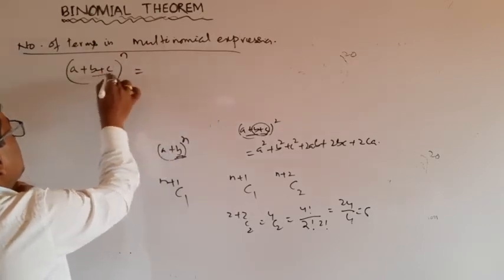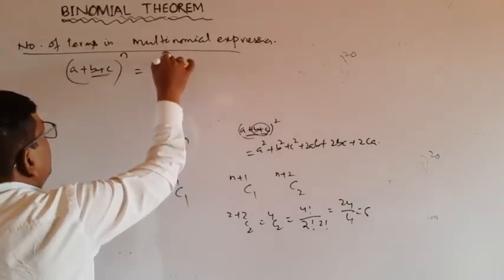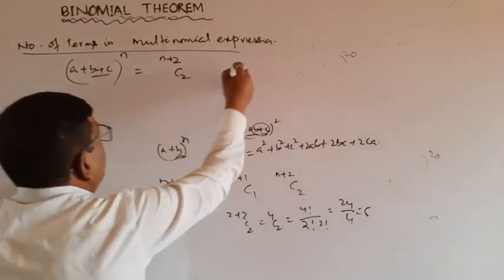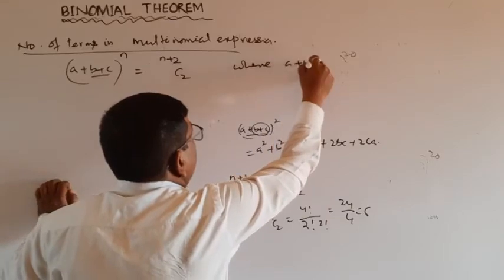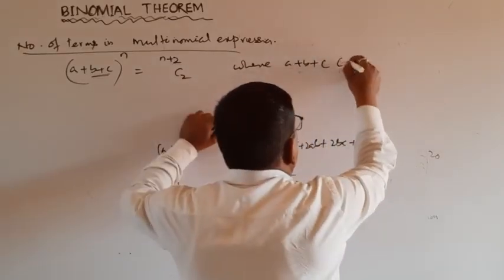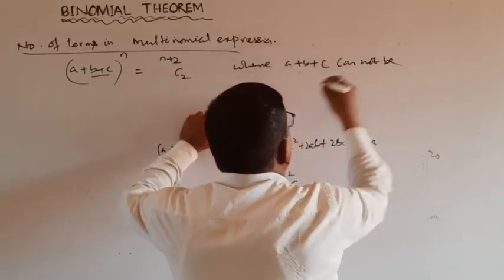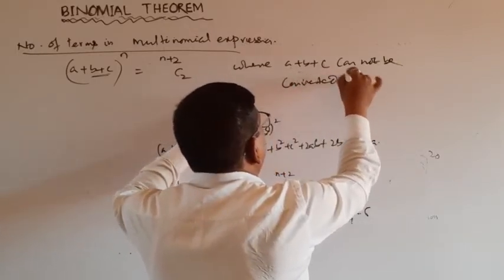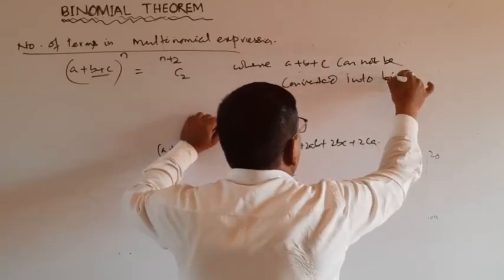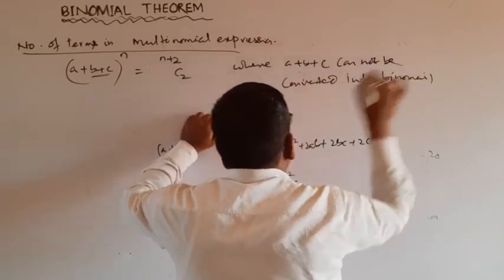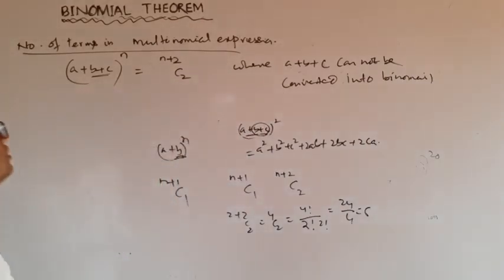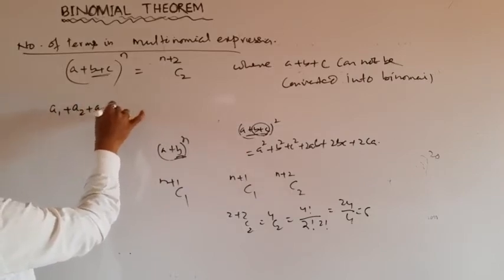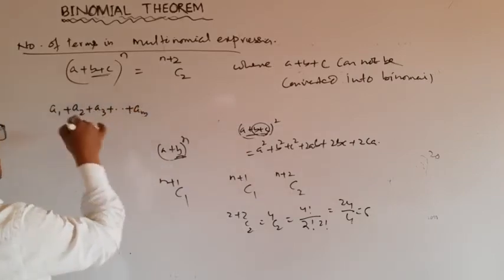The number of terms is n plus 2 c2, where a plus b plus c cannot be converted into a binomial. Similarly, suppose a1 plus a2 plus a3 up to am whole to the power n.